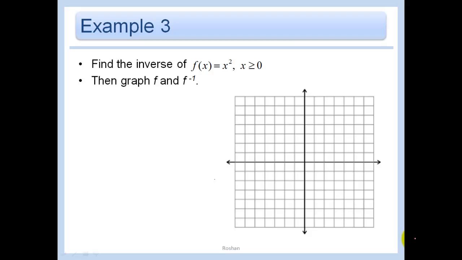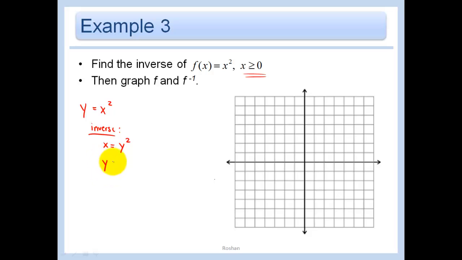Now I'm going to look at the same thing we just did, y equals x squared, but I'm going to restrict the domain. And I'll explain why I'm doing that. I just want to look for values of x that are greater than or equal to 0. So we have y equals x squared. The inverse, just doing it once more, is x equals y squared.